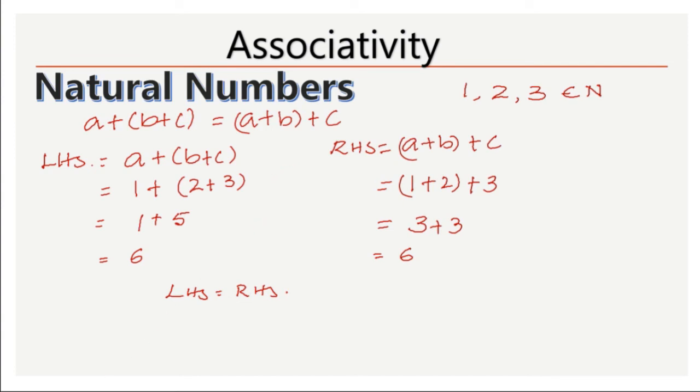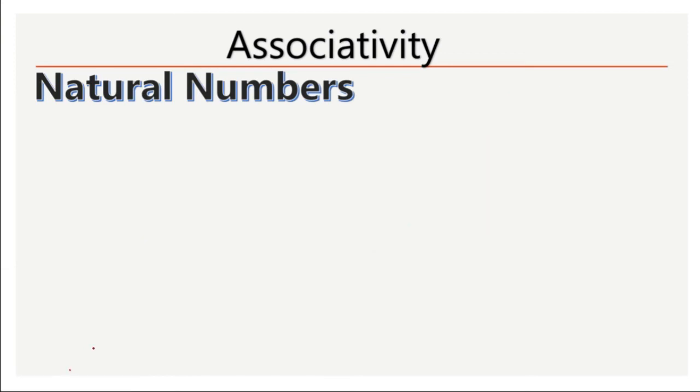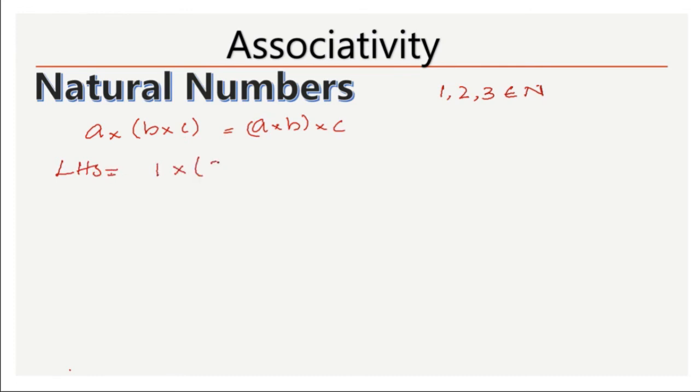Let's do the same thing with multiplication. Let me consider the same 1, 2, 3 as the three different natural numbers. I need to verify A into the product B into C equal to the product A into B, into C. Let me take the left hand side. 1 to be multiplied to 2 into 3.